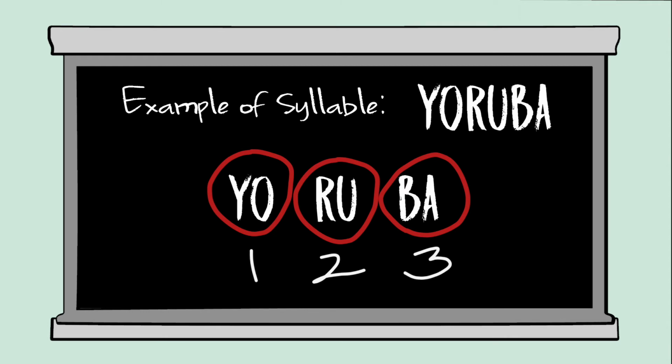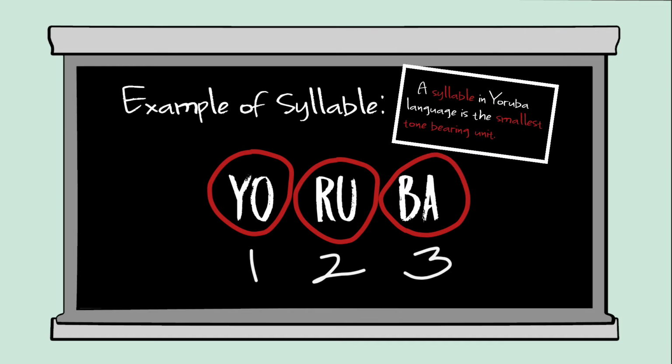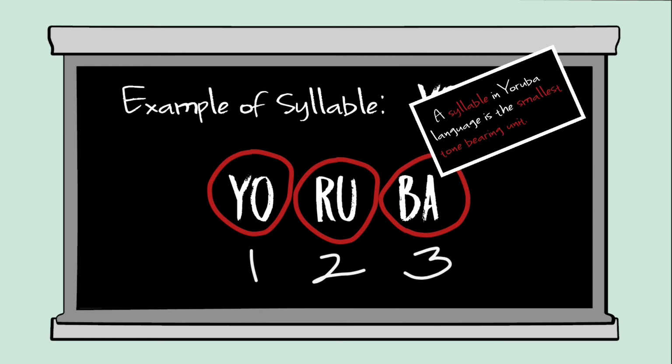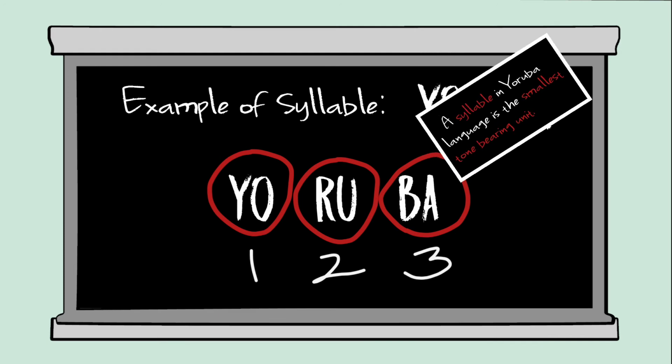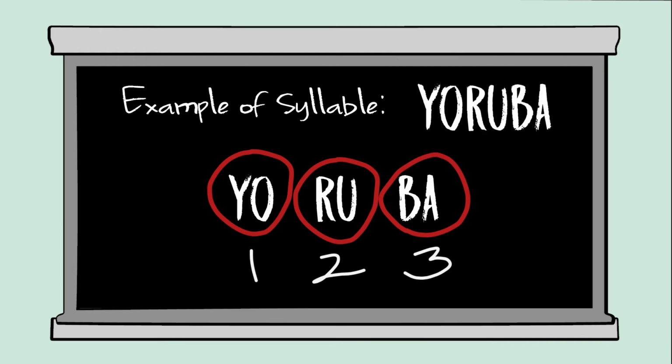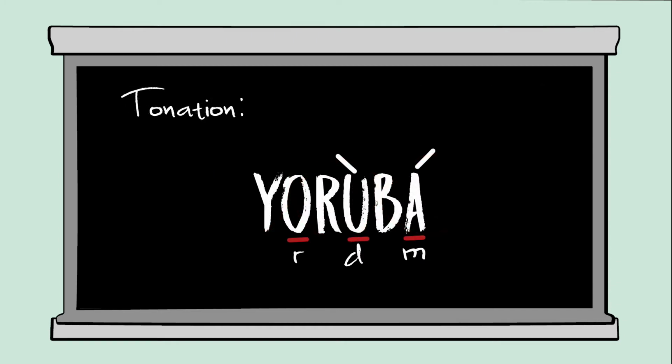Now, let us look at the numbers of syllables that we have in this word. Remember, a syllable in Yoruba language is the smallest tone-bearing unit. So in this word, we have yo, ru, ba, 3 syllables. Now, let us identify the vowels that will be taking up the tonal marks and then apply the tonal marks on them.